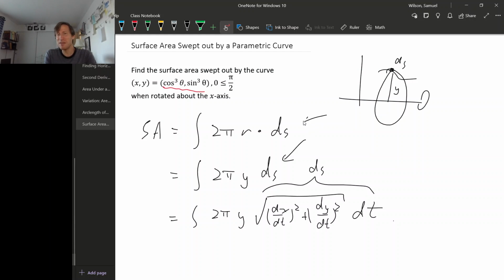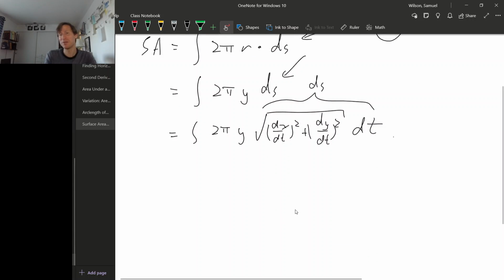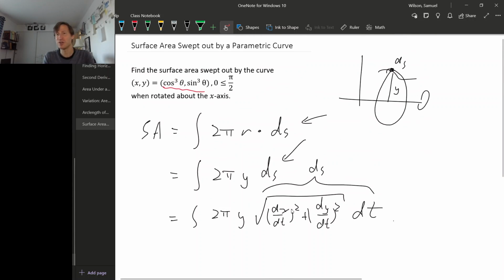It's still the same formula for surface area. We're just writing it in terms of the parameter instead of in terms of x and y. Oh, and I've written t everywhere, but I should be writing theta since our parameter is theta in this example. And since theta is going from 0 to pi over 2, our bounds are going to be from 0 to pi over 2.